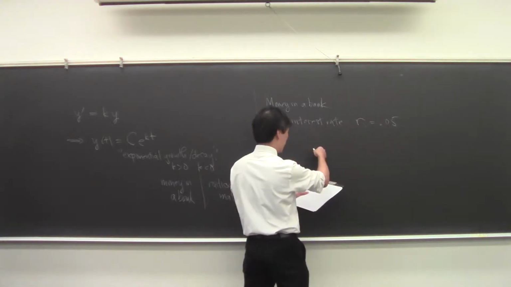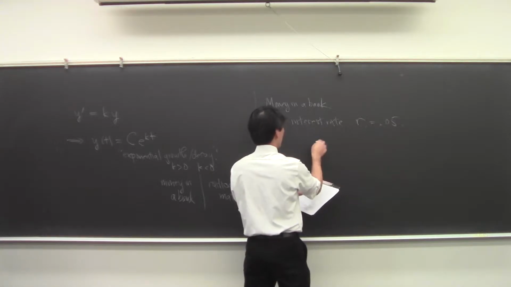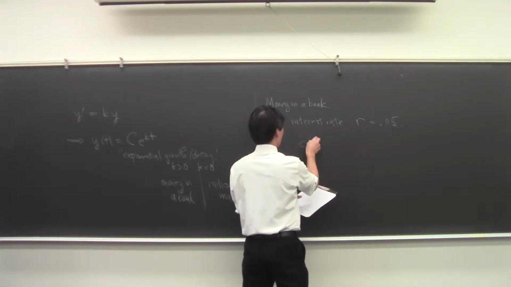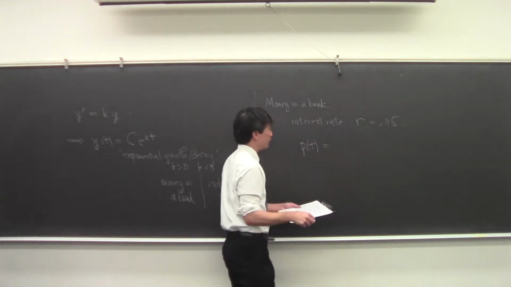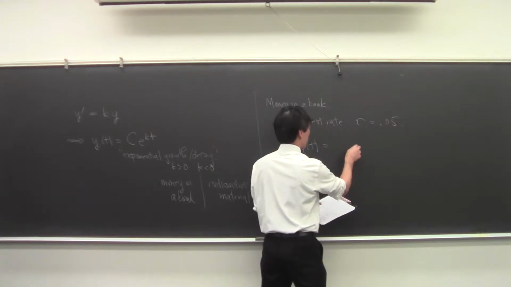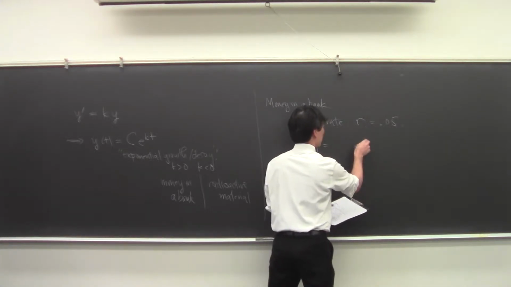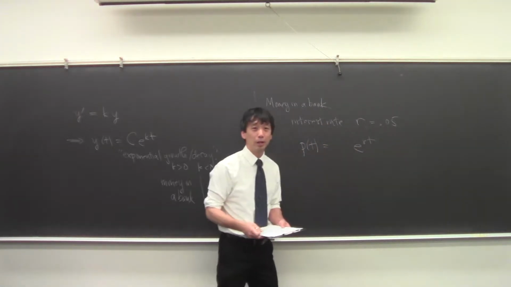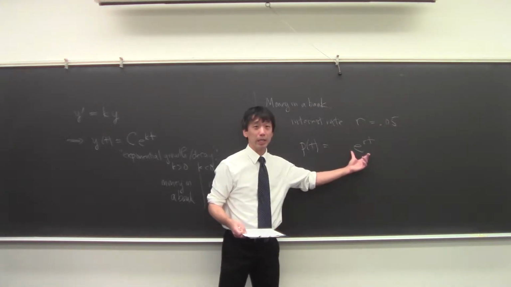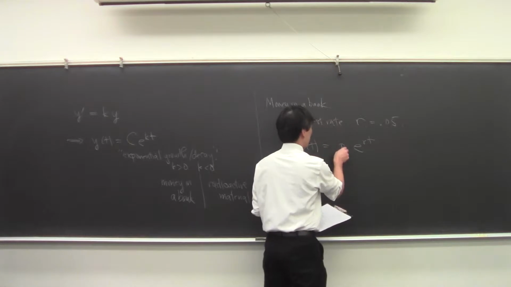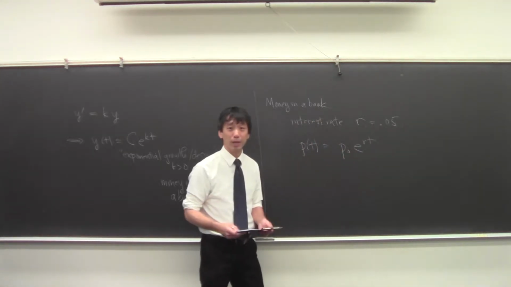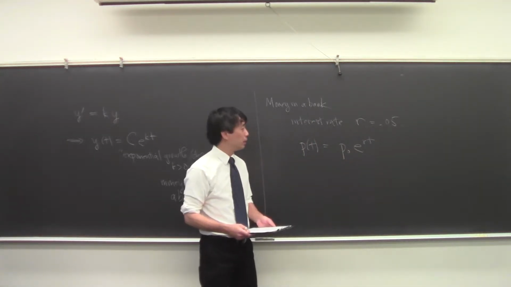It actually means that your money is going to grow like e to the RT times your initial amount.